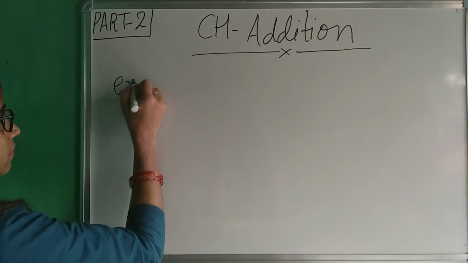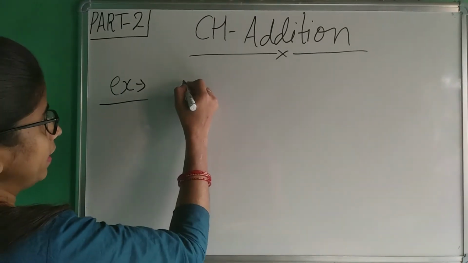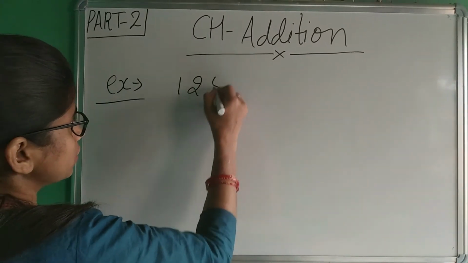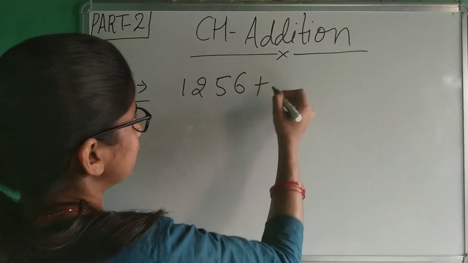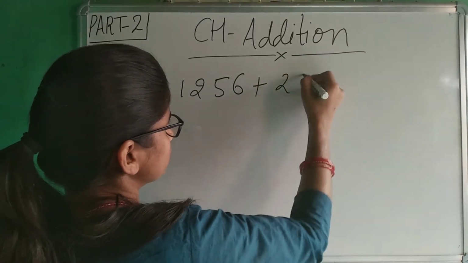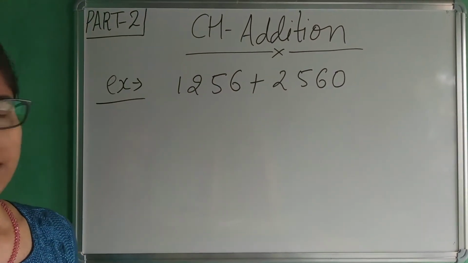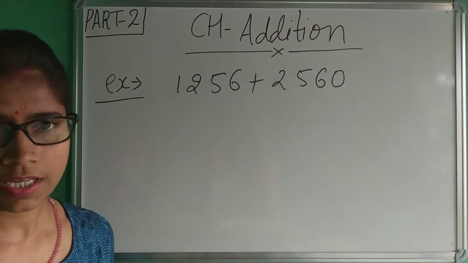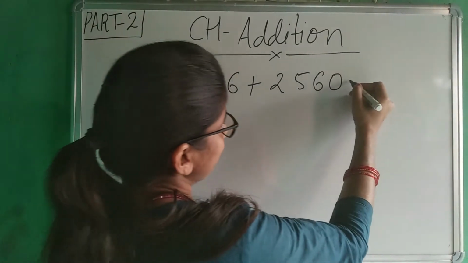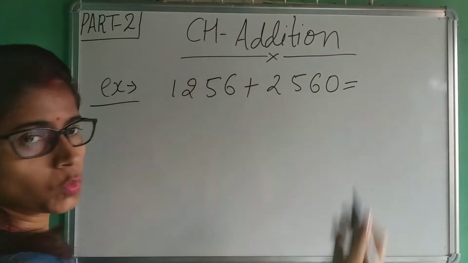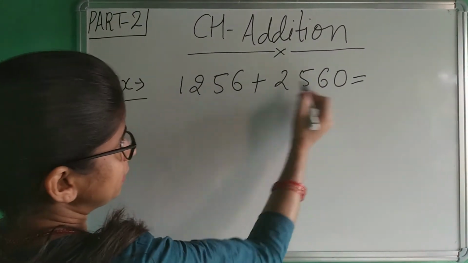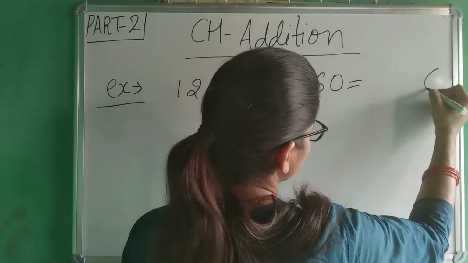For example, if I take 1256 plus 2560. These are the two numbers I am taking, and when we add these two numbers, what will we get? 1 plus 6 plus 0, 6.